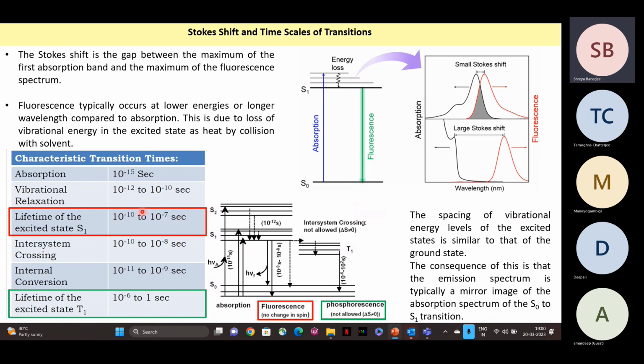So this is also the time scale of fluorescence spectroscopy. The time difference between absorption and fluorescence is around 10 to the power minus 10 to 10 to the power minus 7 seconds. So it is a very short time scale, like nanosecond time scale, and that is the lifetime of this excited energy state.